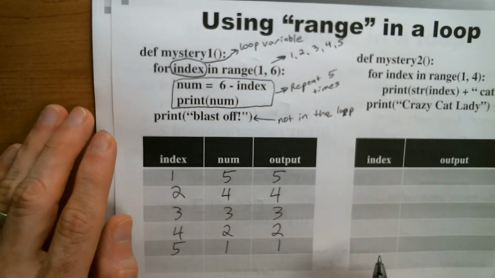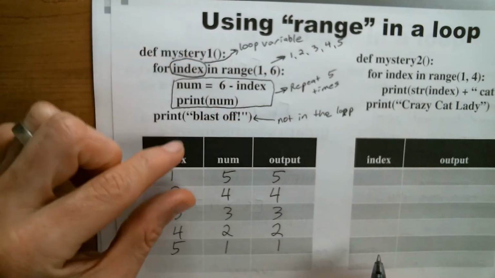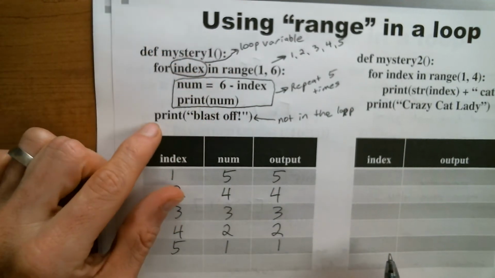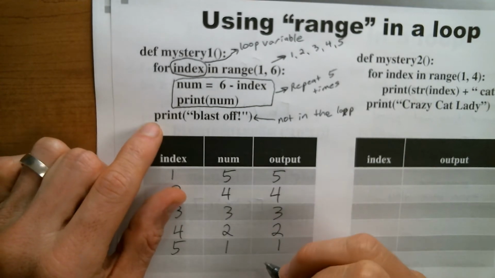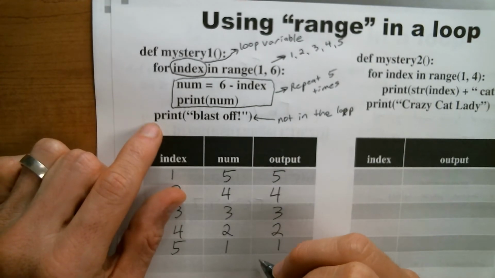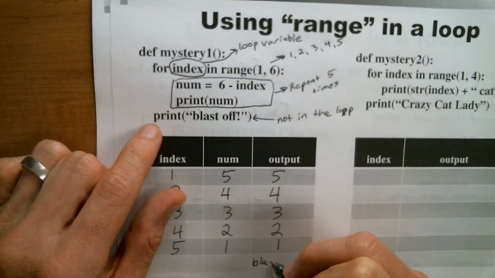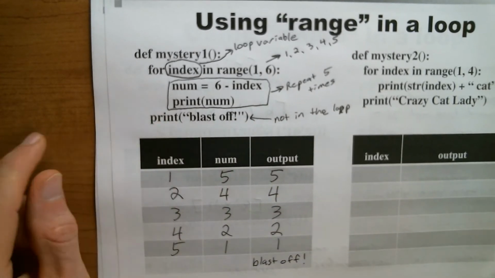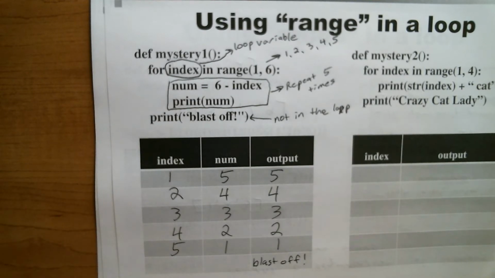Last but not least, that ends the loop because there's nothing left in our list. So we go down to the next line of our program. And in that next line, we're just printing out the words blast off. So that's, again, just tracing it.